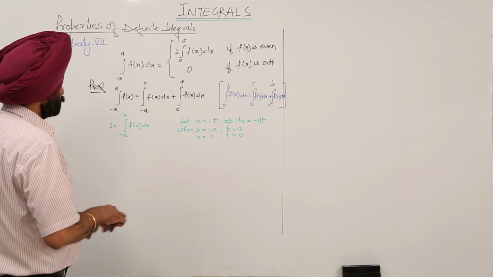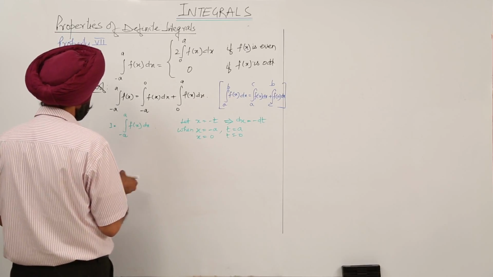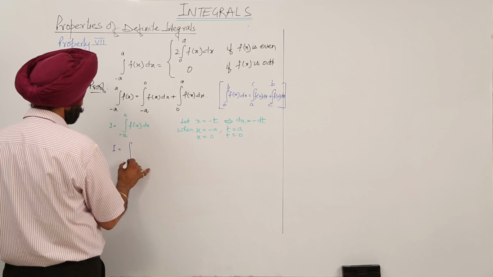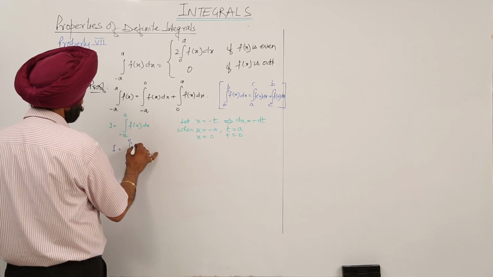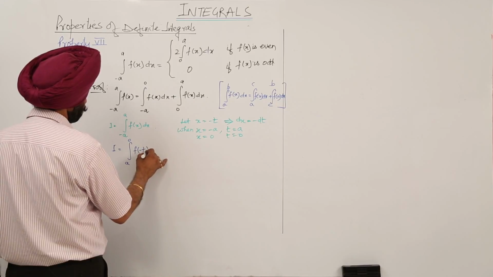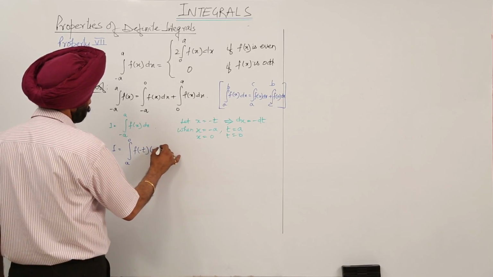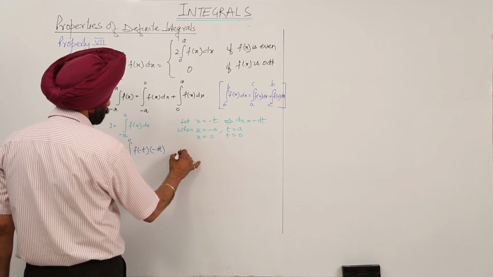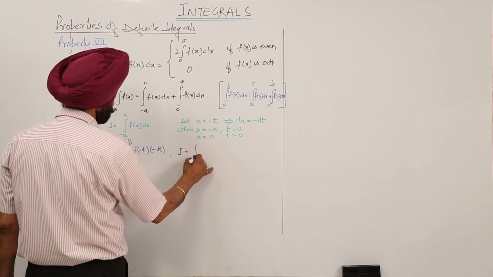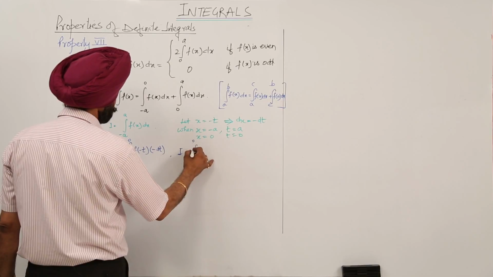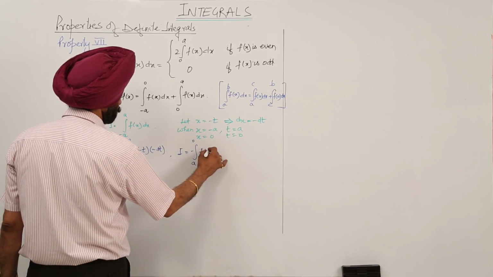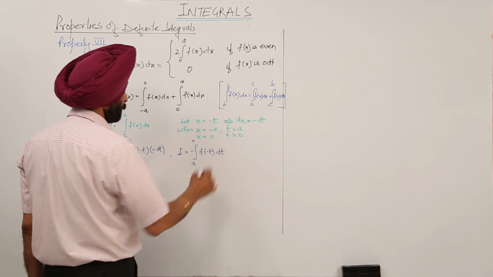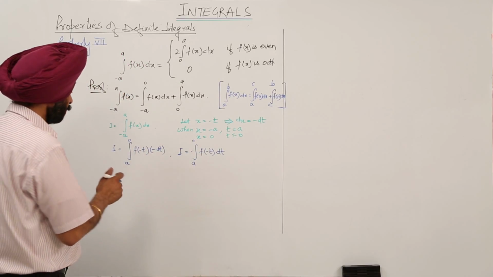Okay. So now the question becomes the integral from a to 0 of f(minus t) times minus dt, and this becomes the integral from a to 0 of negative f(minus t) dt. Okay.